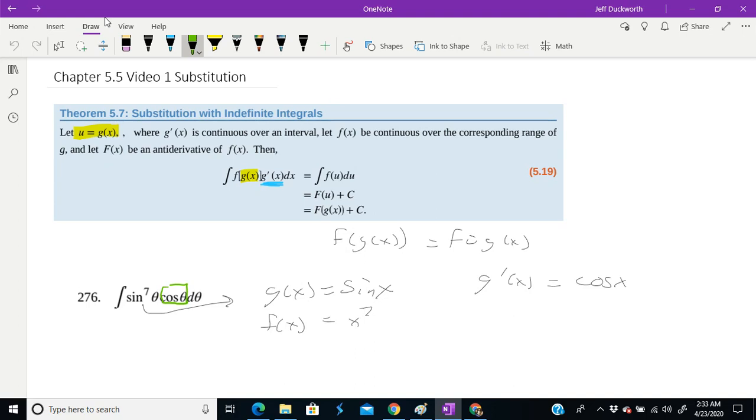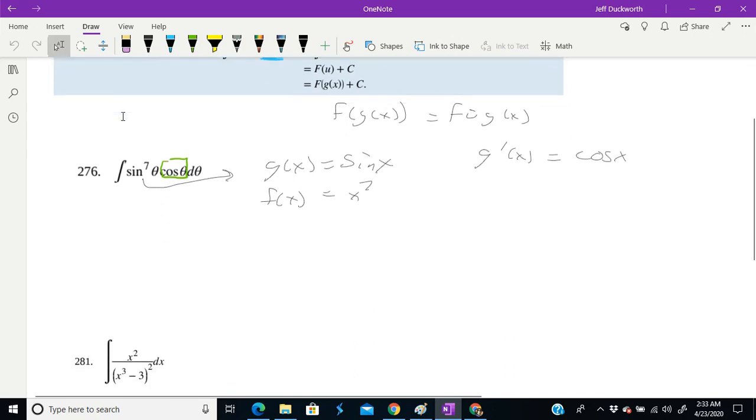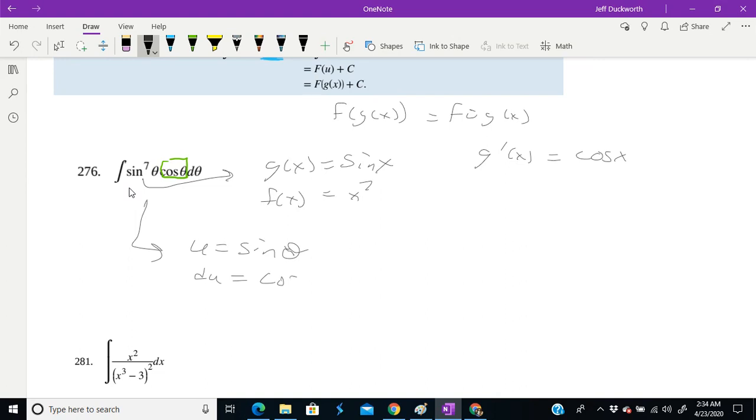So with this problem here, let's just scroll down a little bit. We're going to let our U equal sine of theta. So our du, which is a derivative with respect to U, derivative of sine is cosine, and then d theta. The d theta means just the derivative with respect to theta. So we can then rewrite this as the integral of U to the 7th power du.